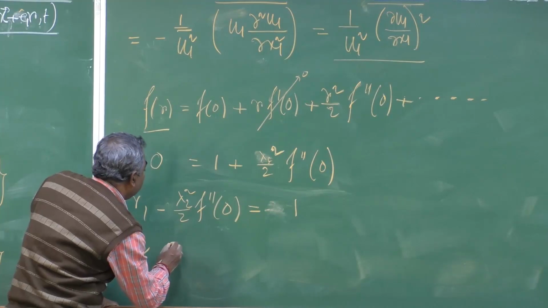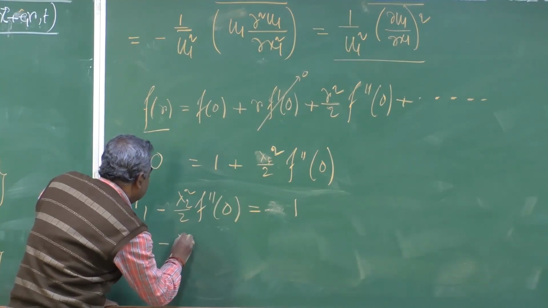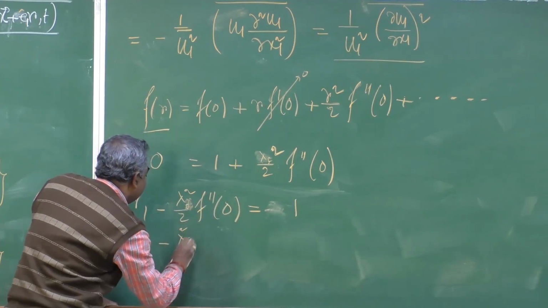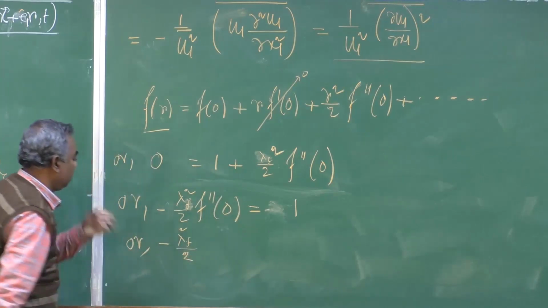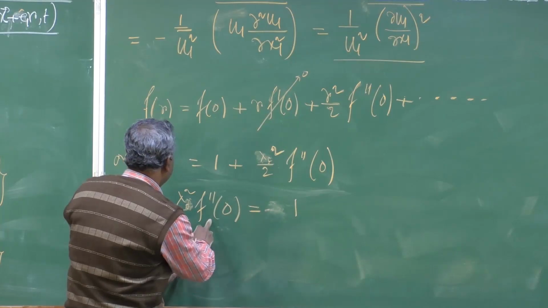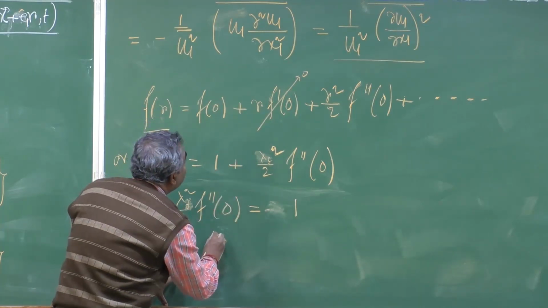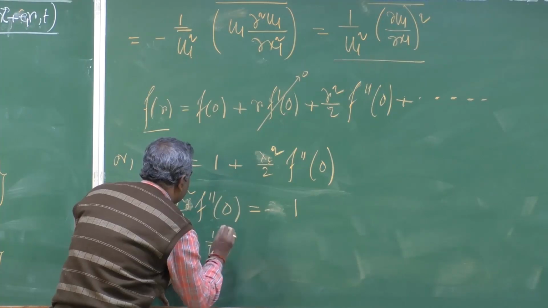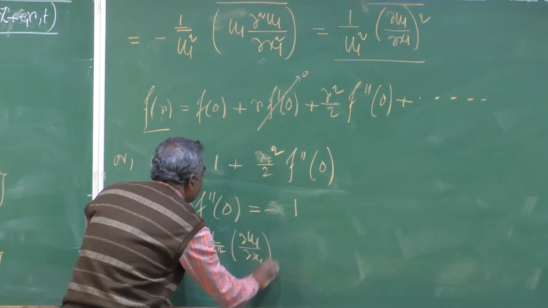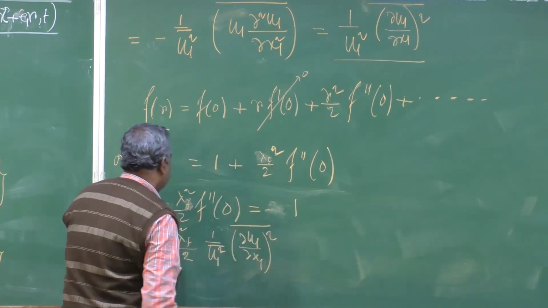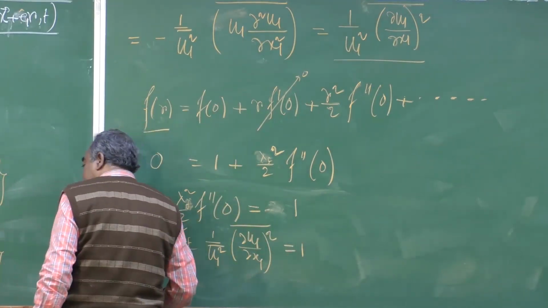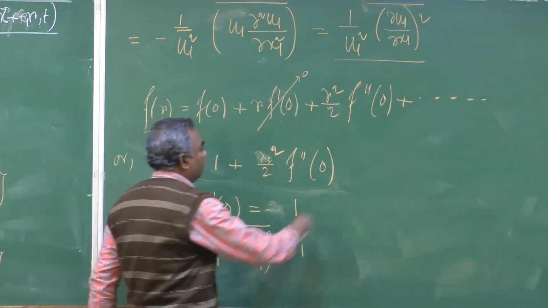We get minus lambda f square by 2, let it be there, and f double prime of 0 is equal to, you put the value of that, u1 square bar into del u1 del x1 square bar, is equal to 1. So, that is this.